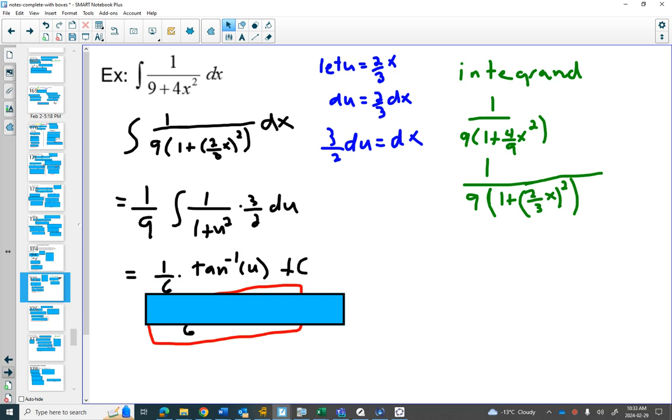Multiplying the 1/9 and the 3/2 gives you 1/6, and here we have our nice tan inverse of u, substituting back.